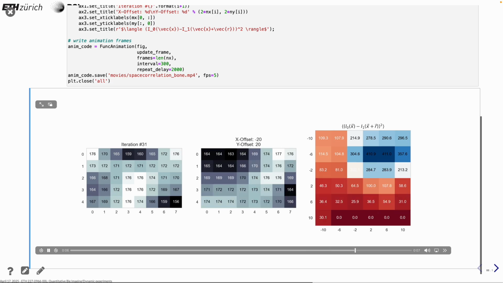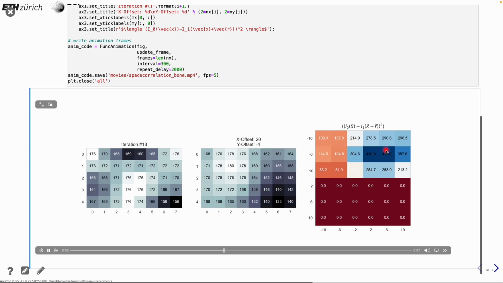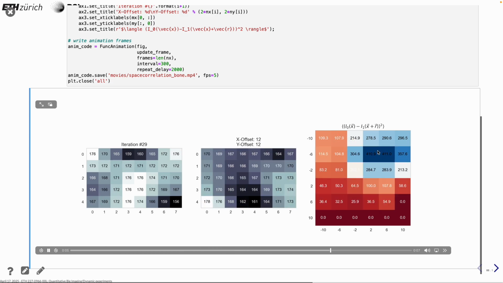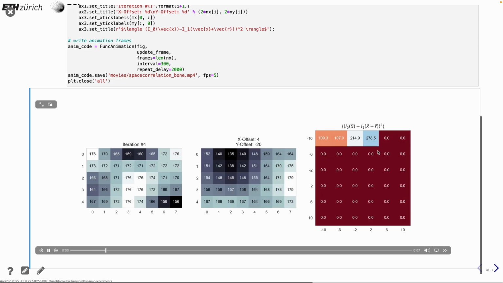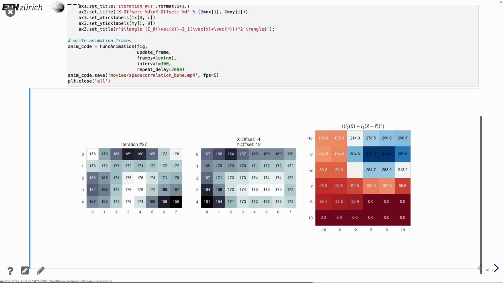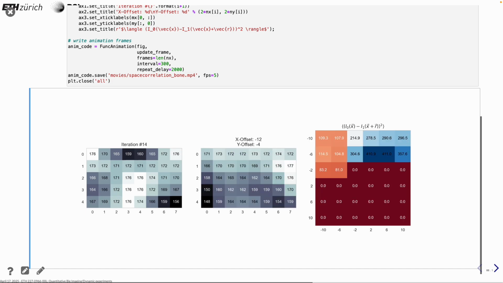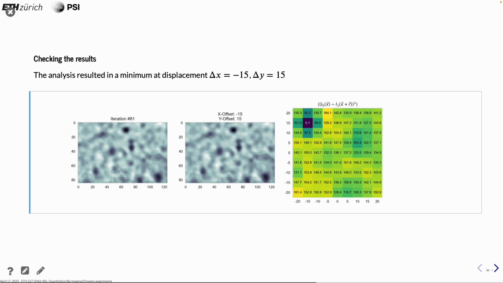We already have a nice minimum that tells us about the displacement in this image. No, that's a maximum. Oh, sorry. Color coding is confusing me. Yeah, so that shows again how to sweep through, and we can run it also with -15, -15, and see that we have a minimum here in the displacement. So that actually also makes sense.